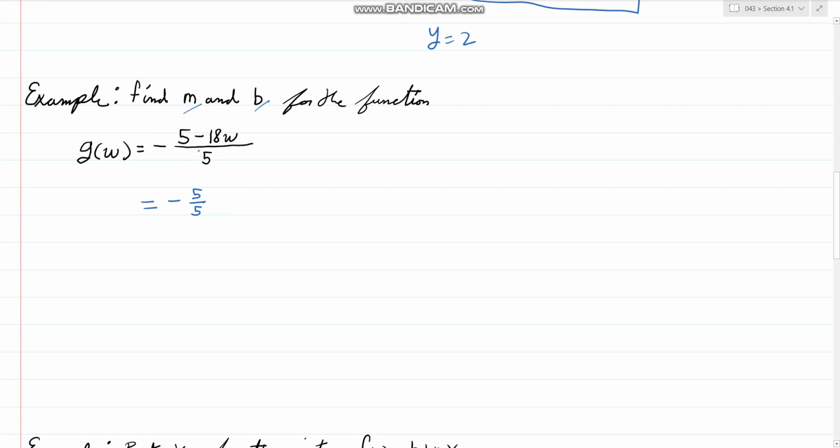And then the whole function is negative, and we have that 18, so this is going to become positive 18 over 5 w. Now we can more clearly see what's going on as far as slope and y-intercept. It looks like the y-intercept would be negative 1, and the slope would be 18/5. So we have 18/5 for slope and negative 1 for the y-intercept.